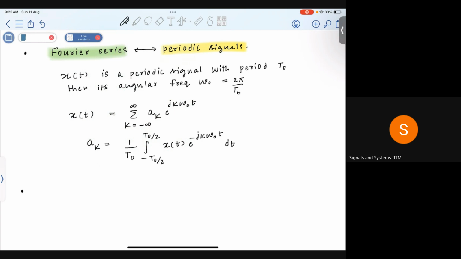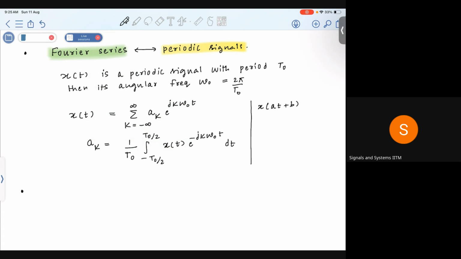Now going to the Fourier transform, and using this representation, we have several properties. Suppose x of t is a periodic signal, then x of at plus b, the time scaled and shifted version, will also be a periodic signal, right? We know that because shifting will not change the periodicity of the signal.